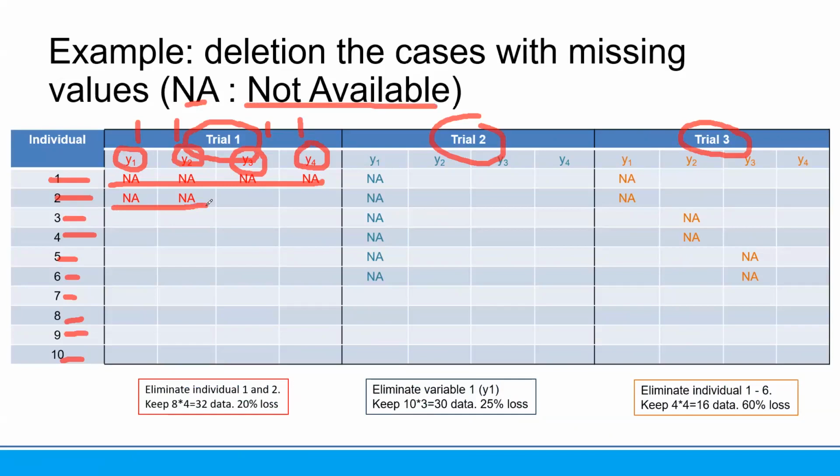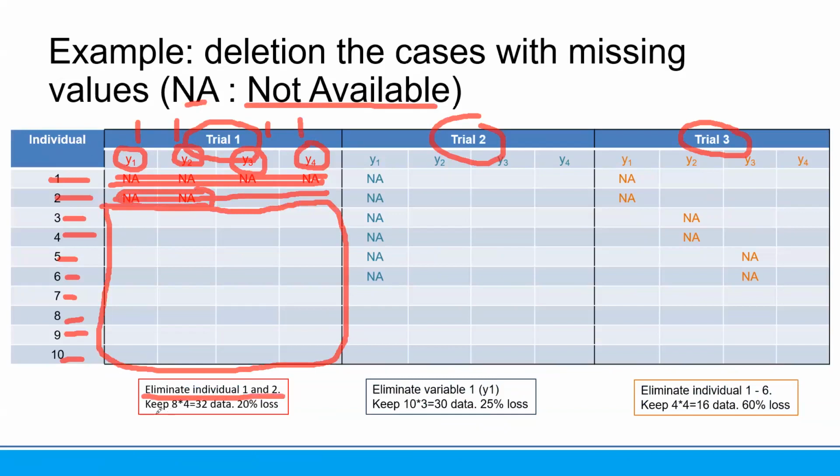If we want to do the analysis, as we know, we can remove the tuple. That means we will remove row number 1 and row number 2, because those two have missing values. Then we keep the remaining. So how many data do we have now? We eliminate individuals 1 and 2 and keep 8 multiplied by 4.